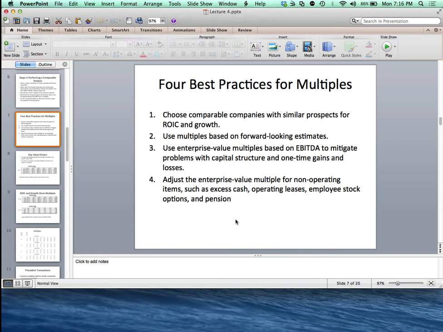They have no profits. So that's why they go enterprise value to sales. But we'd look at the appropriate multiple, and then we need to make some adjustments. We'll use non-operating excess cash, leases, stock options, and pensions to adjust the multiples up or down, which could affect the ultimate value of the firm.